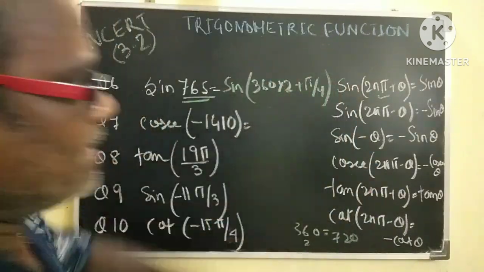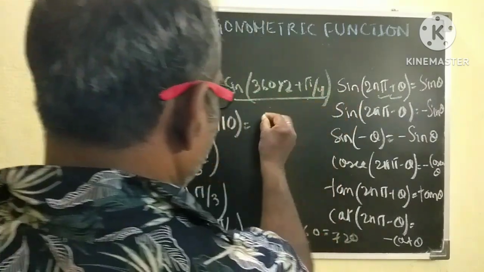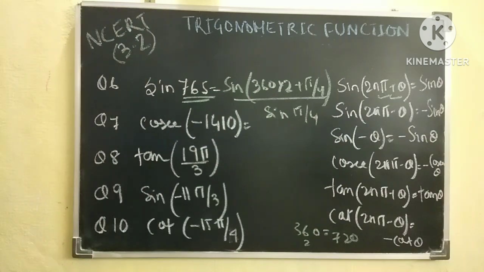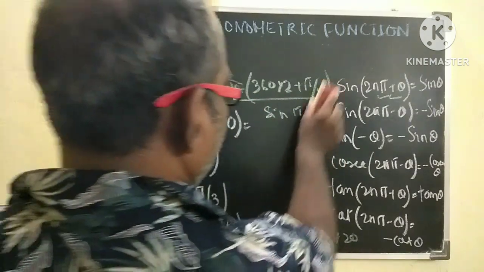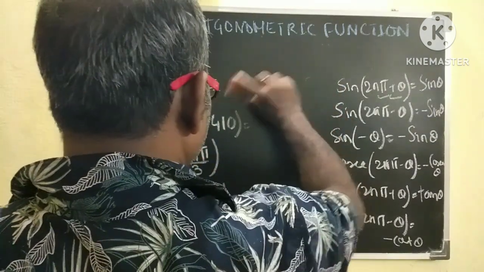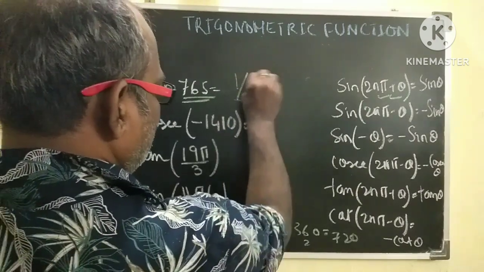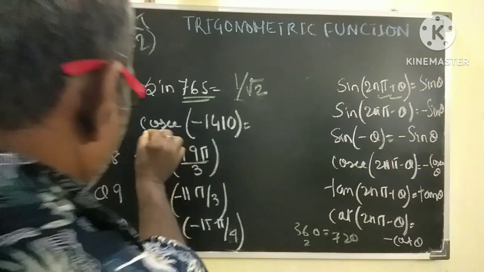That means we are getting it in this form. So finally the answer will be sin pi by 4, that is sin 45, and sin 45 is 1 by root 2. So finally this answer can be written as 1 by root 2.